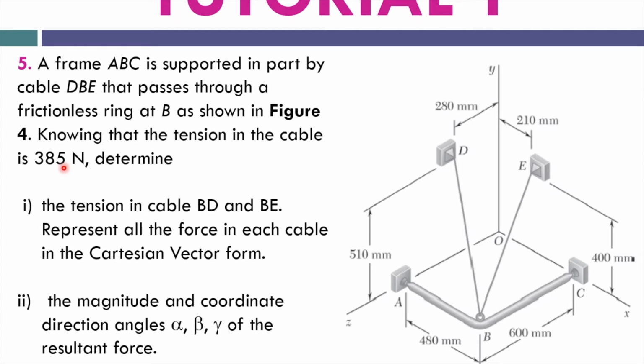Okay, so now we're going to find BD and BE. The value given is 385. So now we're going to find BD and BE, and then the magnitude and coordinate angles alpha, beta, and gamma of the resultant force.